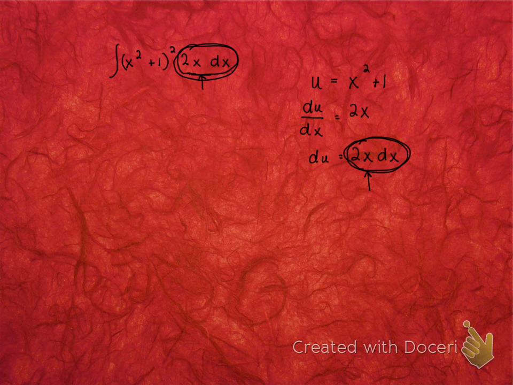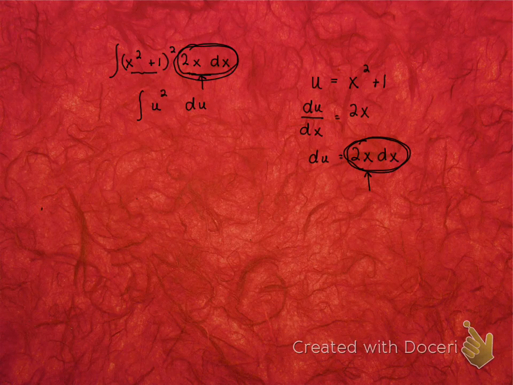So, because that's true, and du is equal to this 2x dx, what we are actually integrating is u squared du, because our u is x squared plus 1, and that x squared plus 1 is being squared.